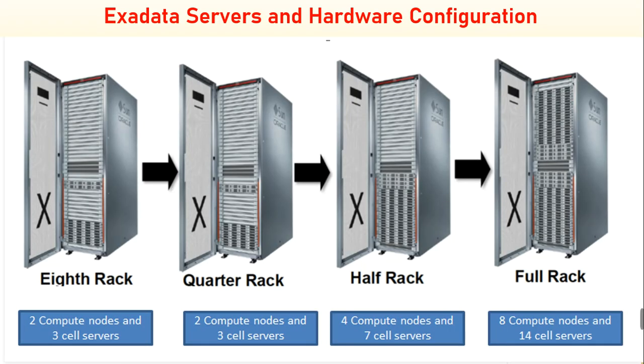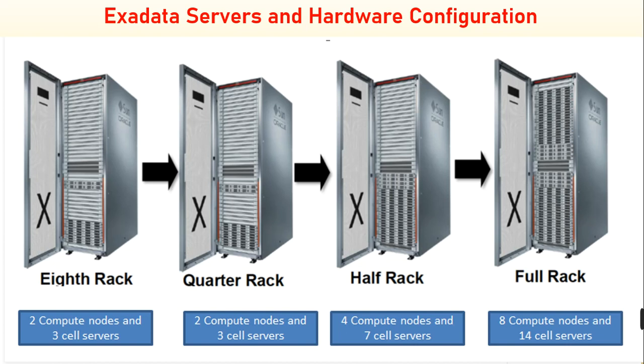In this diagram you can see the Exadata servers and their hardware configuration. First one is the eighth rack. It has 2 compute nodes, that is 2 database servers, as well as 3 cell servers, which are like a storage system.